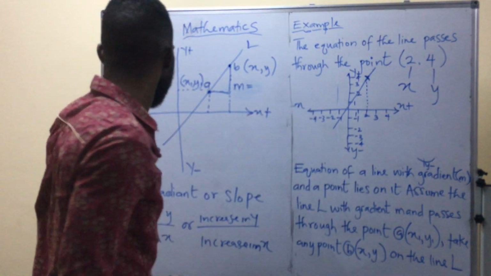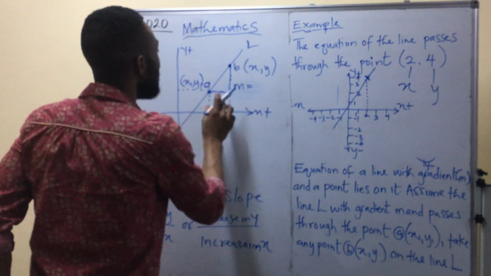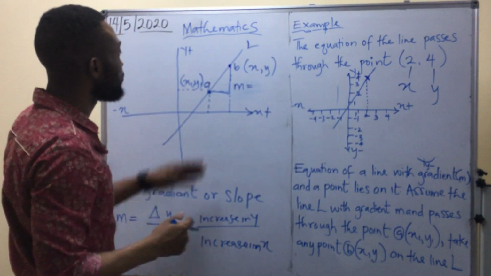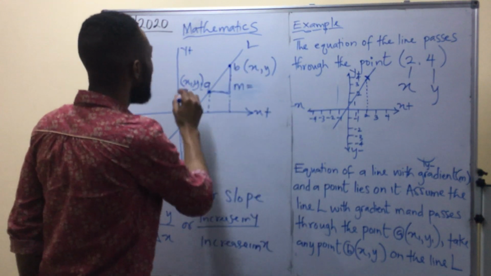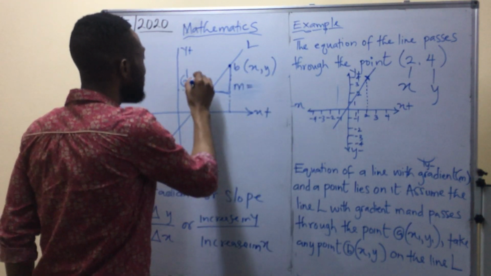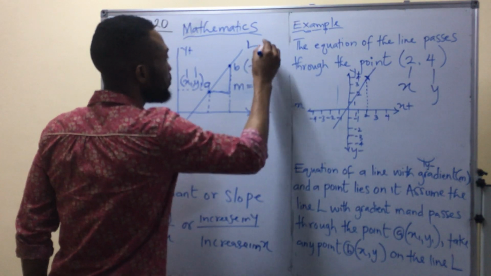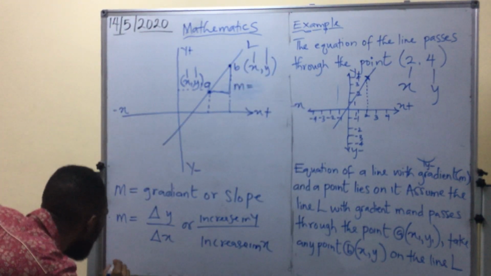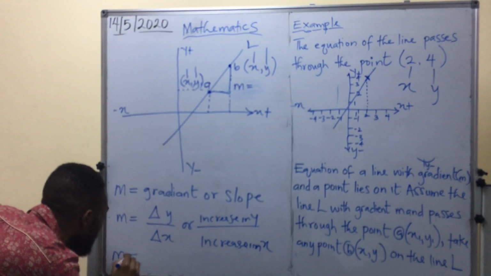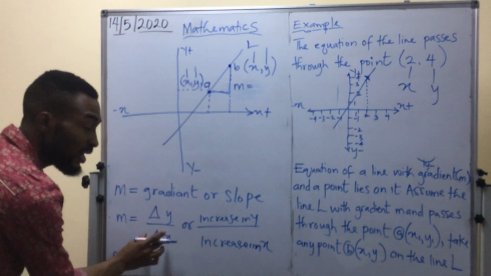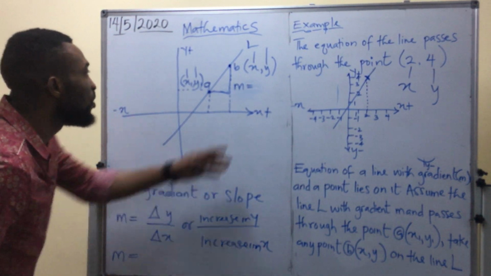So now, if you look at this graph that we drew on the board, you can call this one x1 and this is y1. So this one will stand for x2 and this one will stand for y2. So now, gradient m is equal to change in y over change in x.